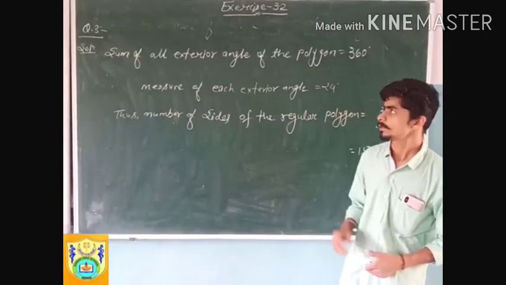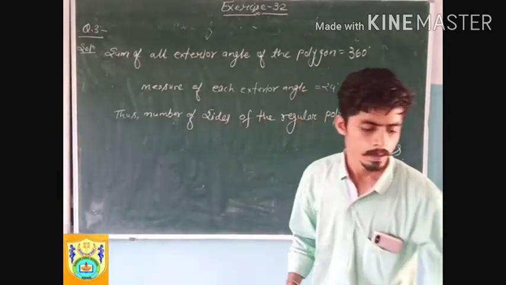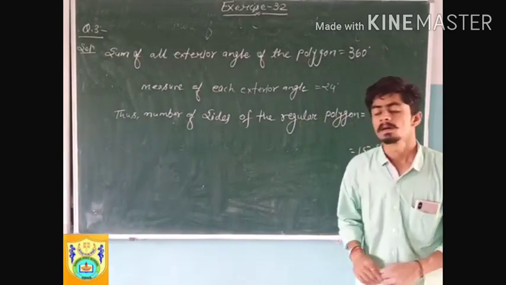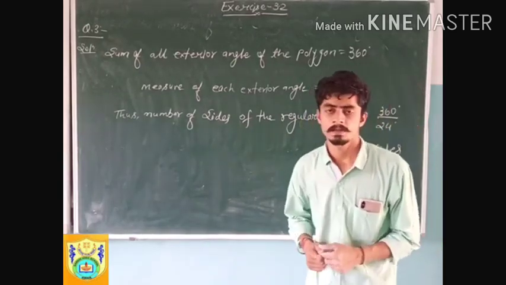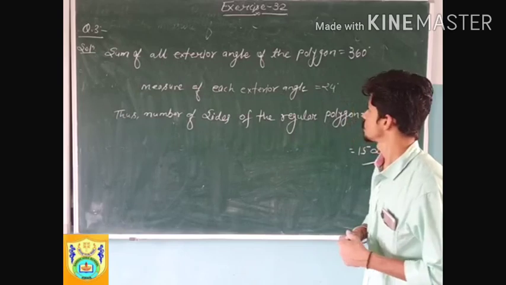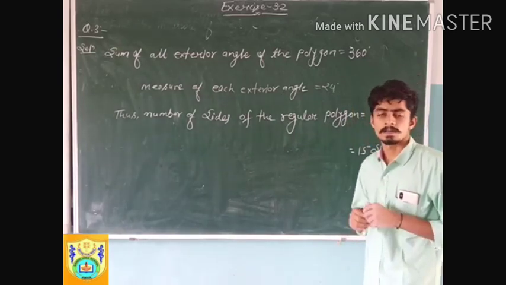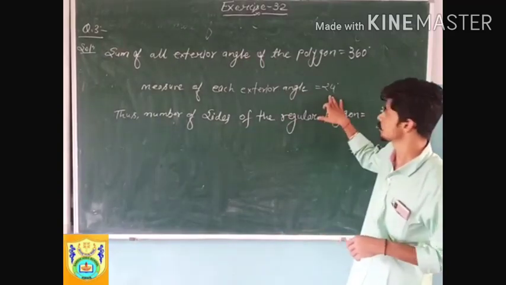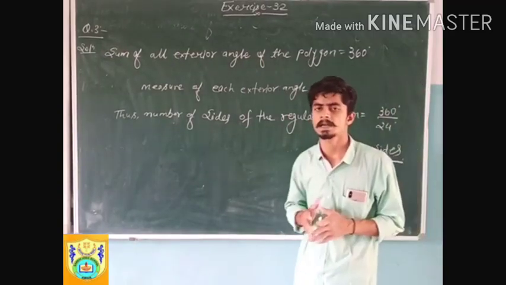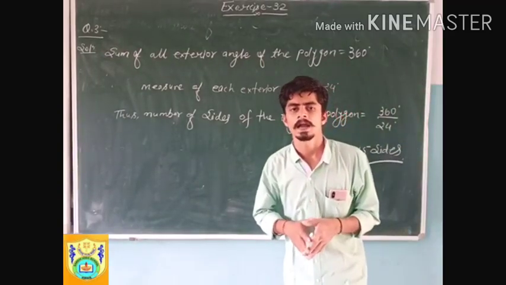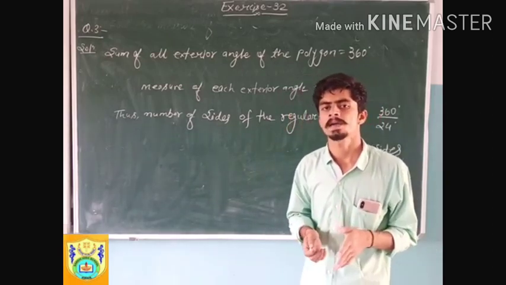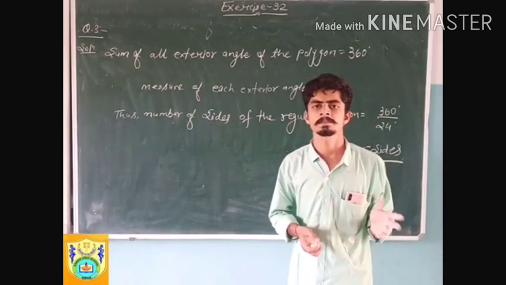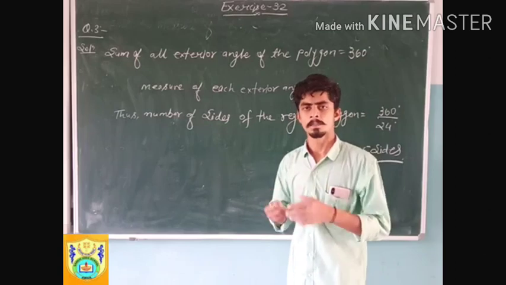In question number 3, we have to find the number of sides if the measurement is given. In this question, the measurement of each exterior angle is given, which is equal to 24 degrees, and we have to find how many sides there are in that particular regular polygon.